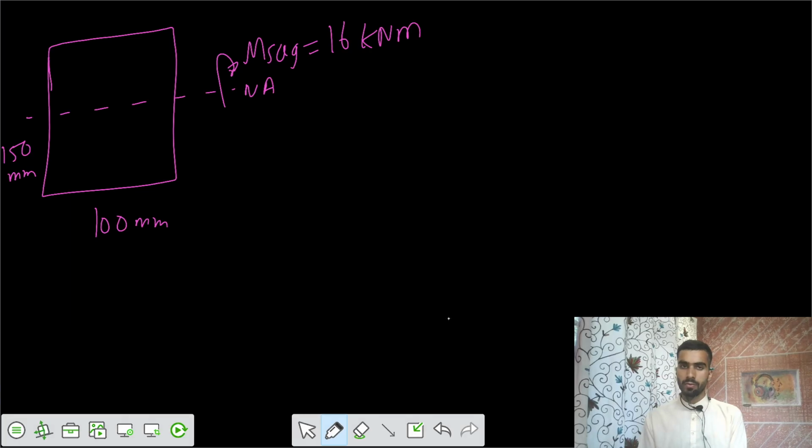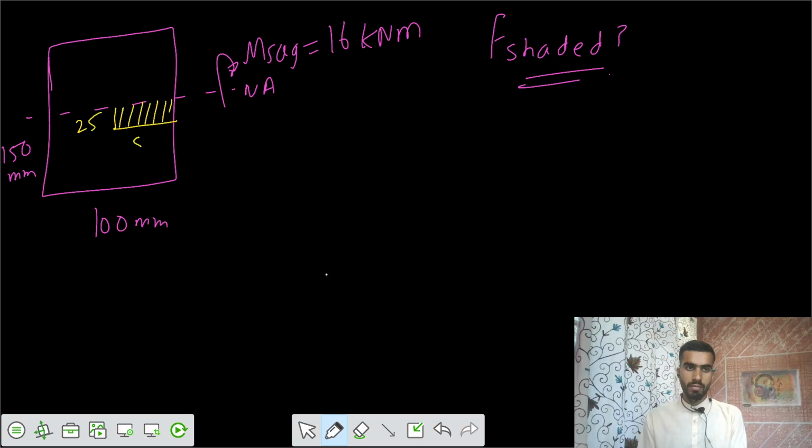Now you have to say how much force the shaded area can resist. The shaded area is somewhere here, with dimensions 25 and 50.